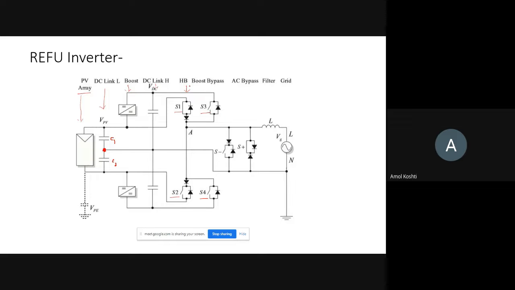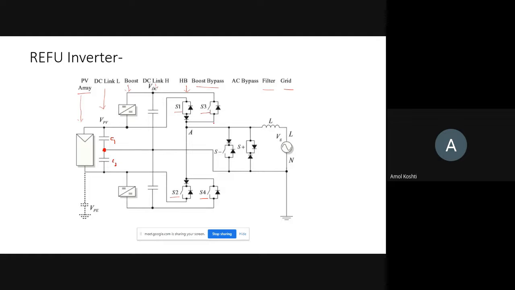Again this is an inverter. Then here again boost bypass system is used here. Again AC bypass system is used here. So this is the modification. Then filter and then grid. So if you see here how the modification is done here.